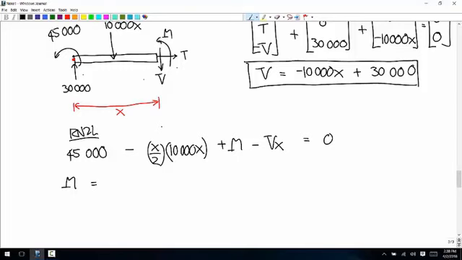So M is equal to negative 45,000 plus 5,000 x squared plus Vx, which is minus 10,000 x squared plus 30,000 x.